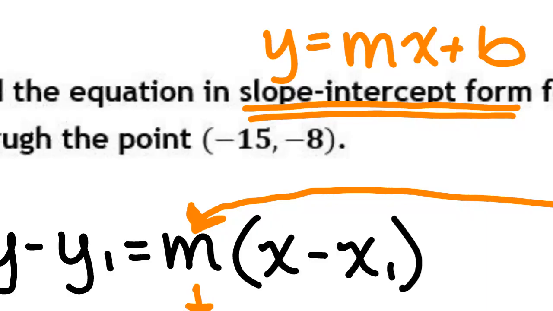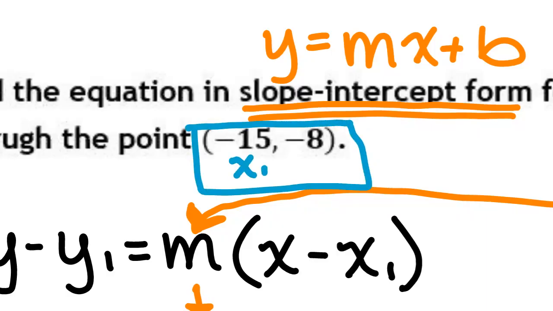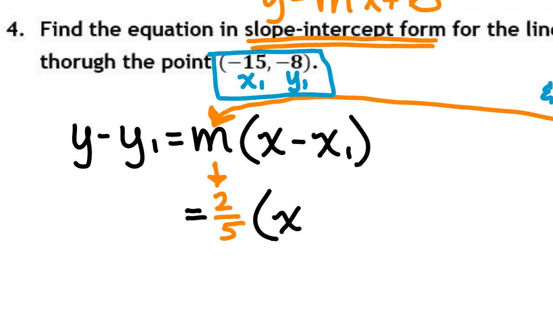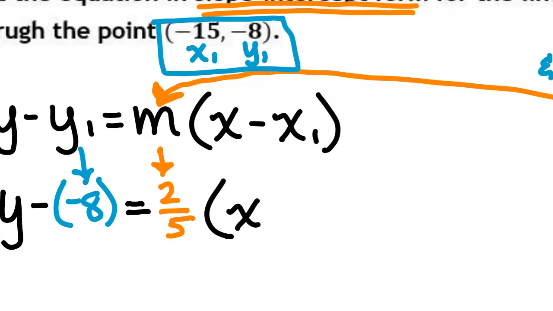And then the point that they gave us is this guy right here, negative 15, negative 8. So negative 15 is my x1, negative 8 is my y1. So I would have y minus, and then put negative 8 in the place of y1, equals 2 over 5, parentheses, x minus, in the place of x1, I put negative 15.